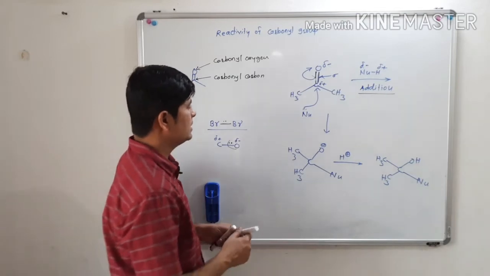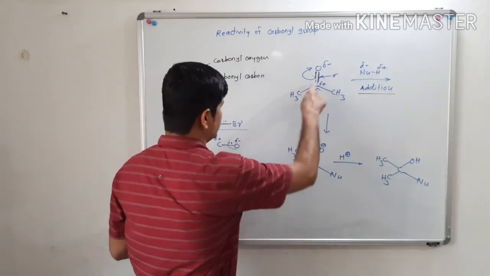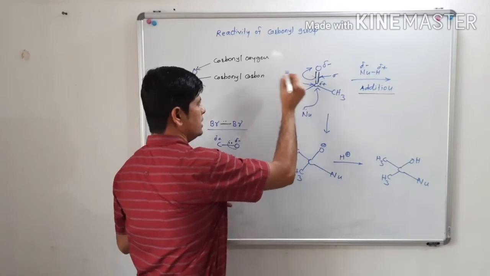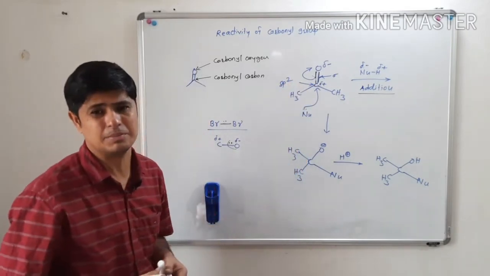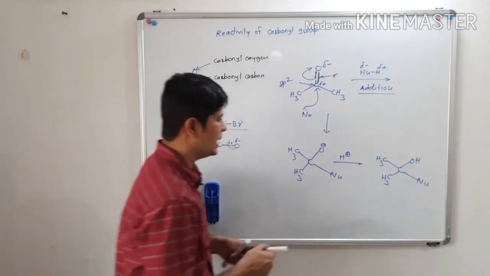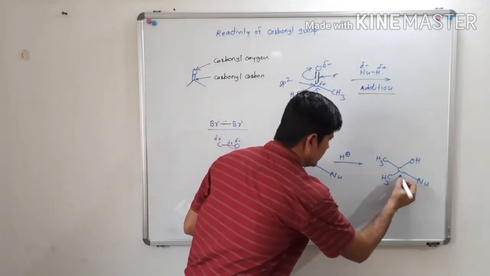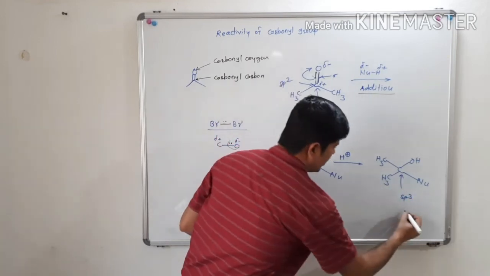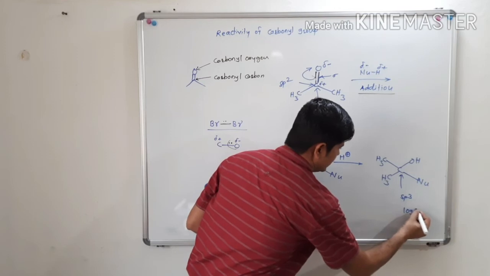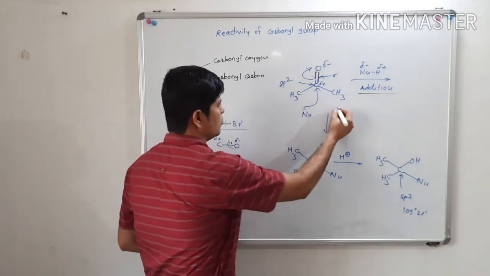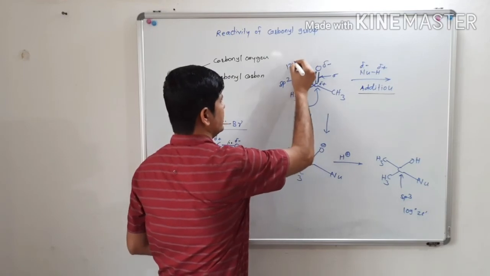See, this carbonyl carbon was initially sp2 hybridized, now that got converted into sp3 hybridized carbon. Here bond angle is 109 degree 28 minutes, and here bond angle is 120 degree.